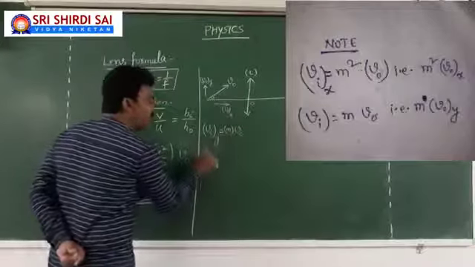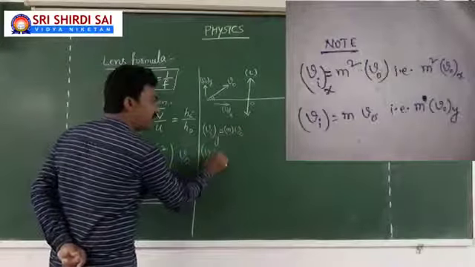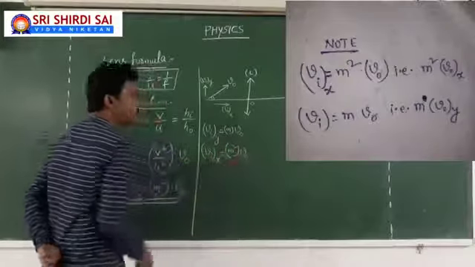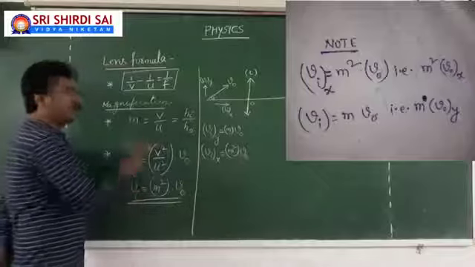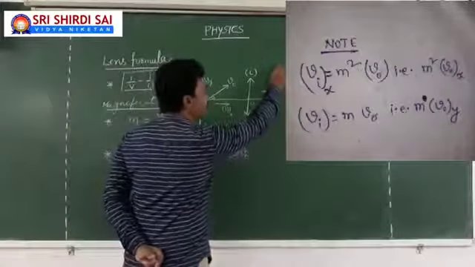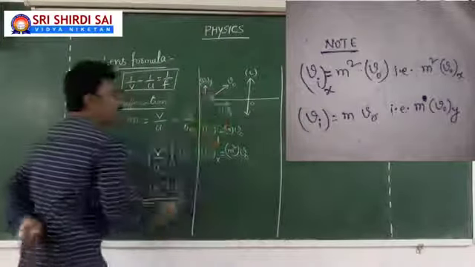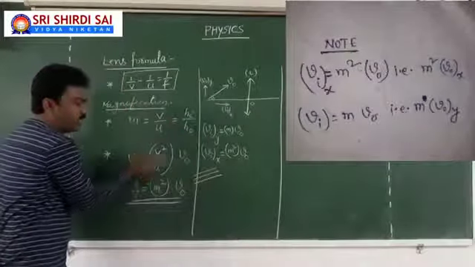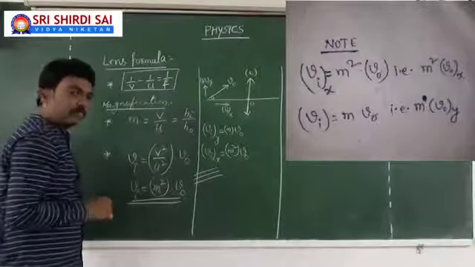To know the image velocity in the longitudinal direction, it is m² v₀. This is how there will be a few mathematical applications on this analysis. So these are the basic points that you have learned in the earlier class.